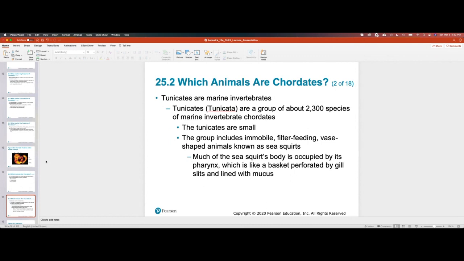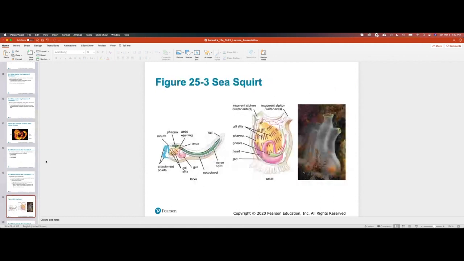So they are small, filter feeders, sort of cylindrical, and they also can go by the name of the sea squirt. So we're going to have a picture of that. Again, it's really strange to think of this as an animal, but it is.